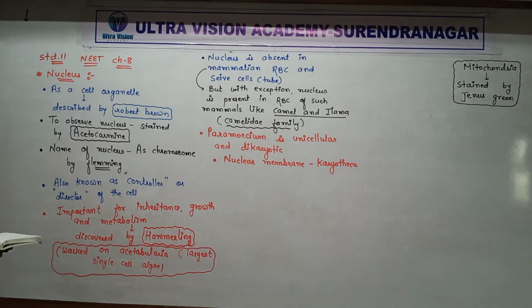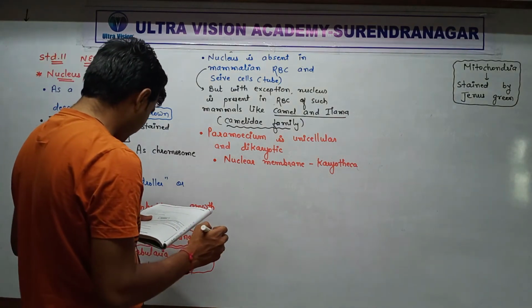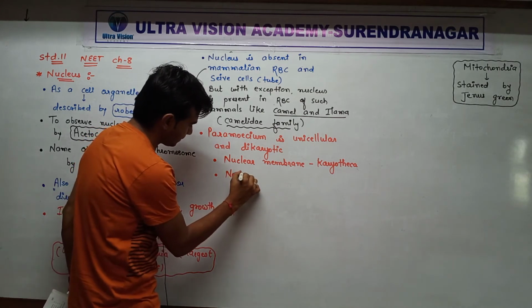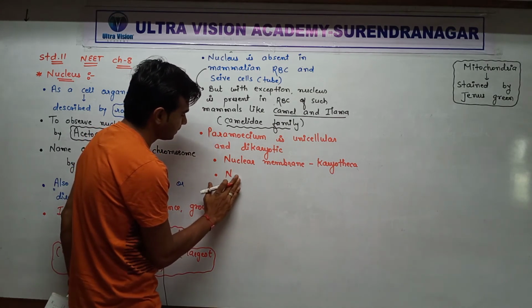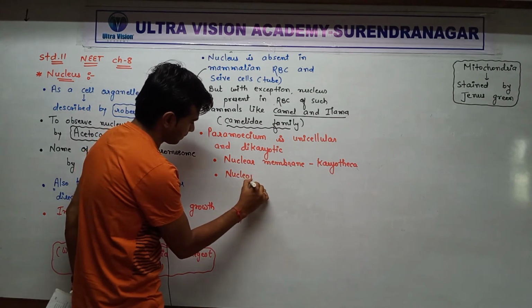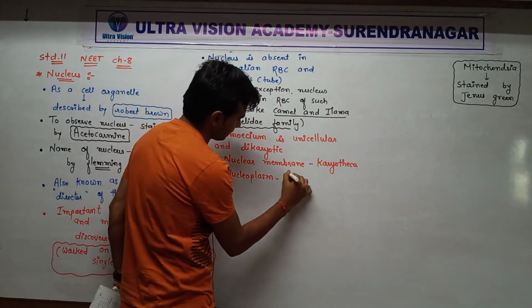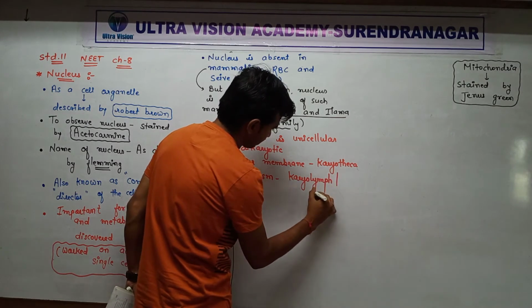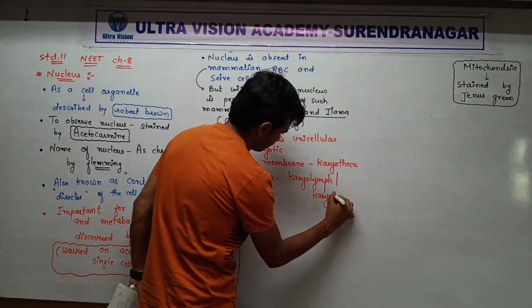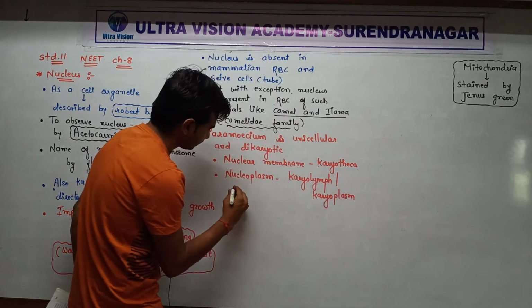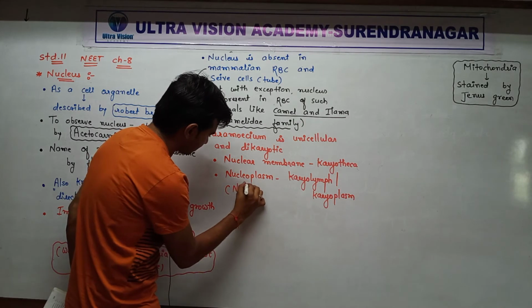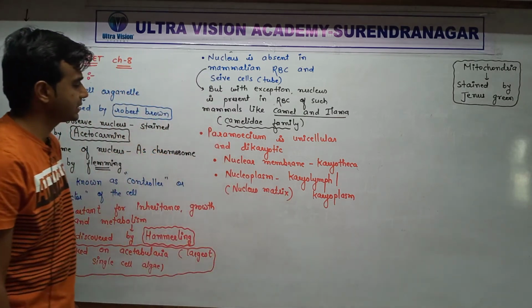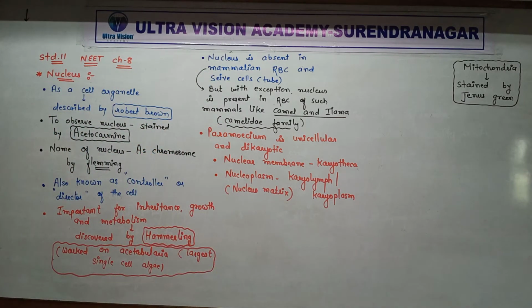Nuclear membrane is also known as nucleotheca, or karyotheca, whereas the nucleoplasm portion is known as nuclear matrix or nucleoplasm.